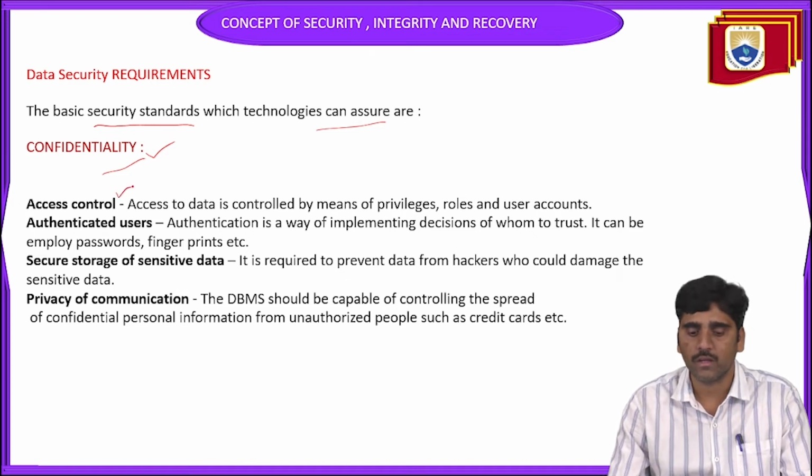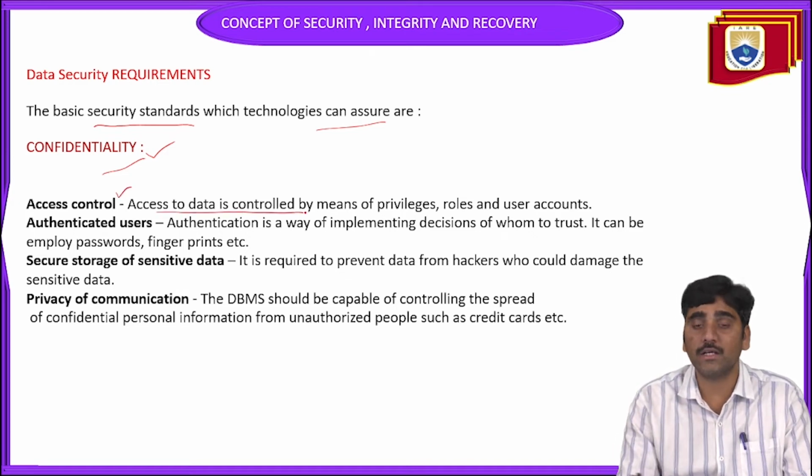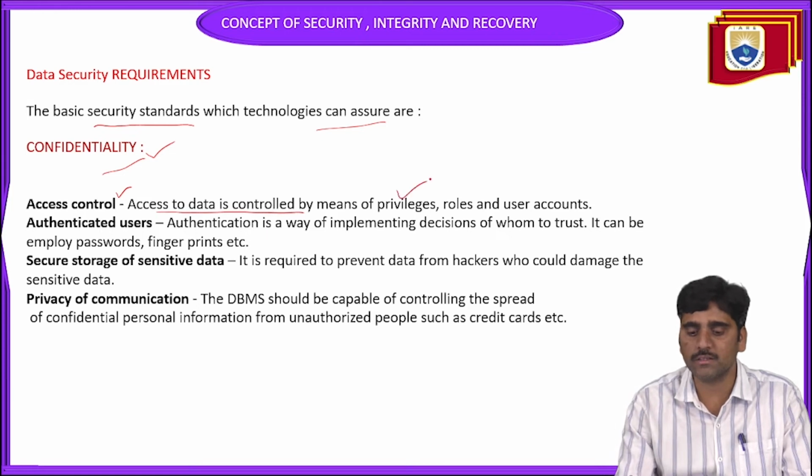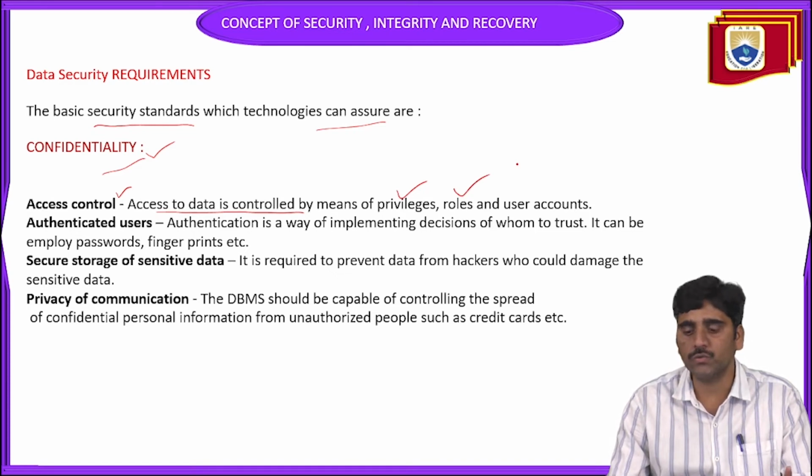The first one is access control. Access to data is controlled by means of privileges, that means permissions and roles, for system administrators, system users, or user accounts. With access control, you can give limited access to limited users, and by doing so you maintain the access control mechanism.